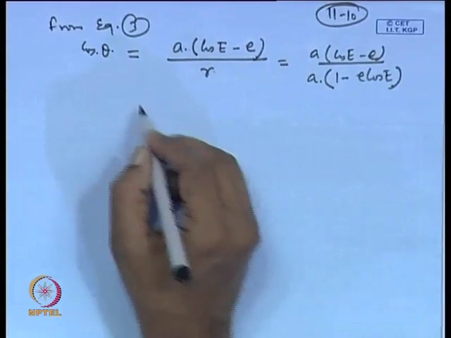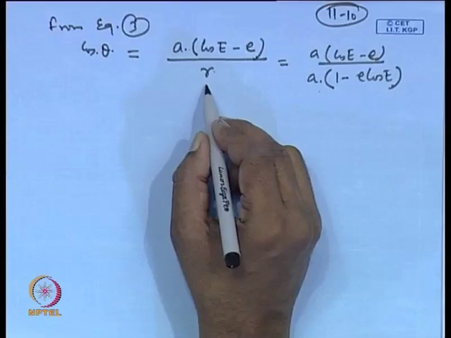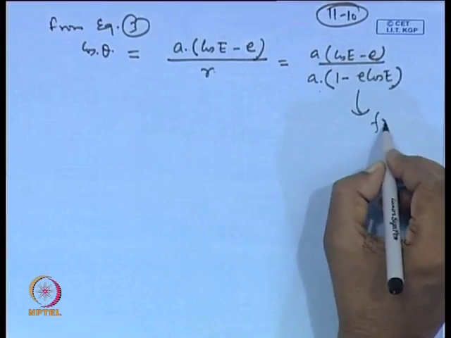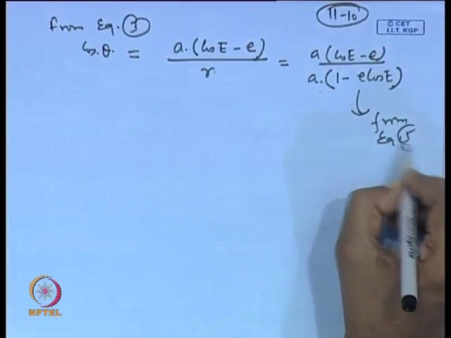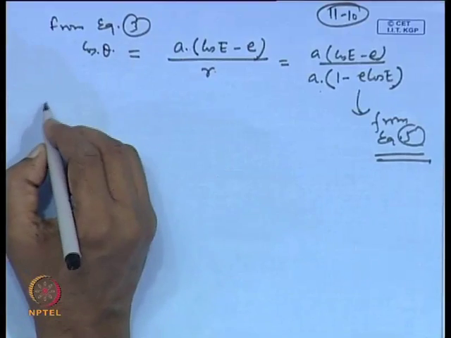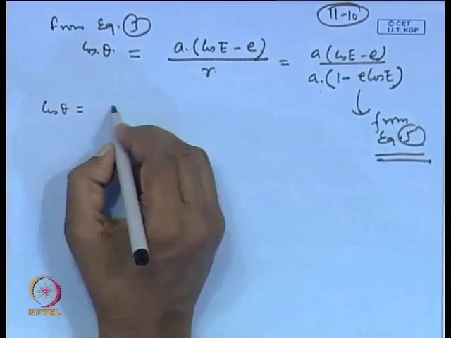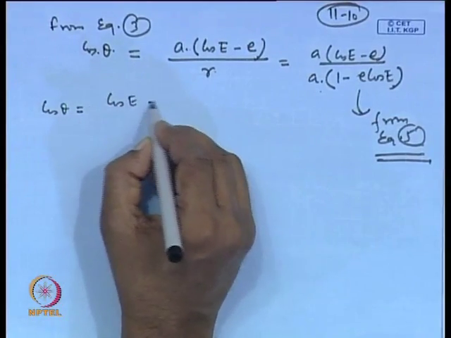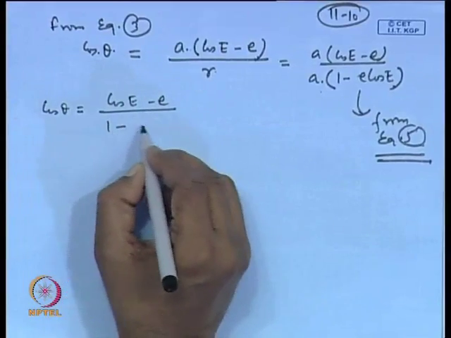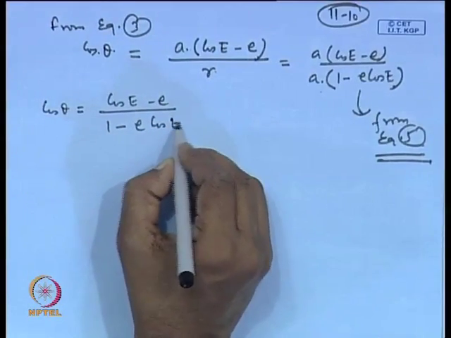So, this substitution we have done for r, from equation 5. So, thus we have cos theta is equal to cos e minus e divided by 1 minus e cos e.